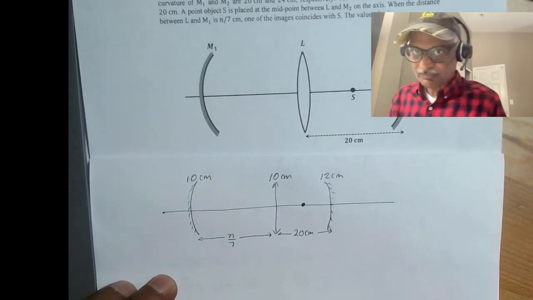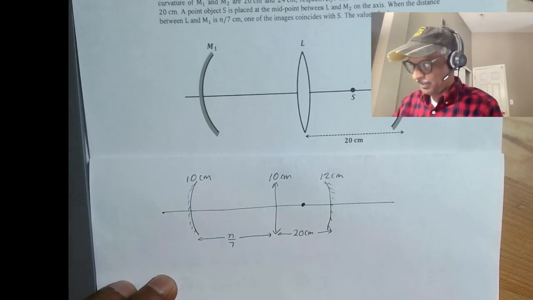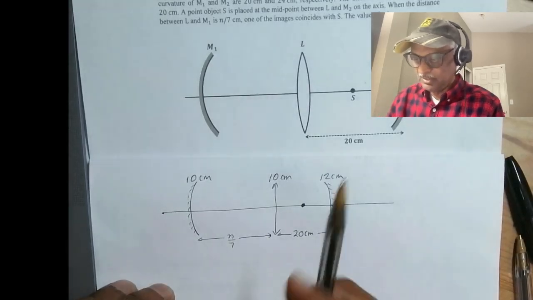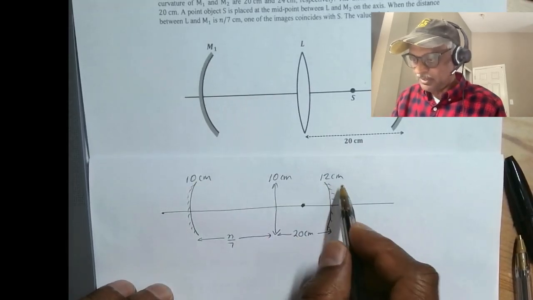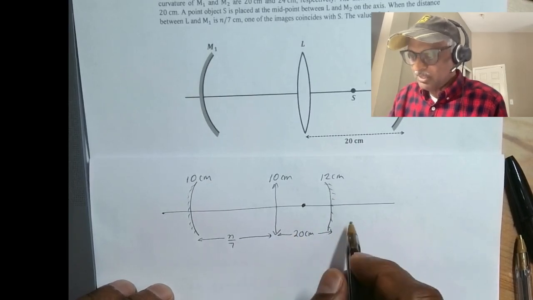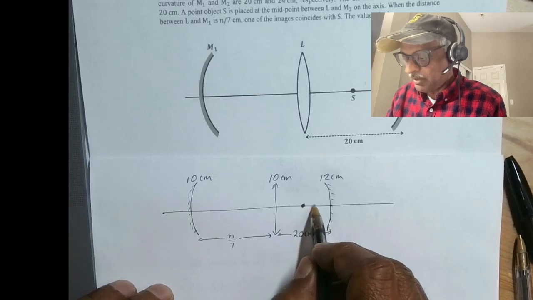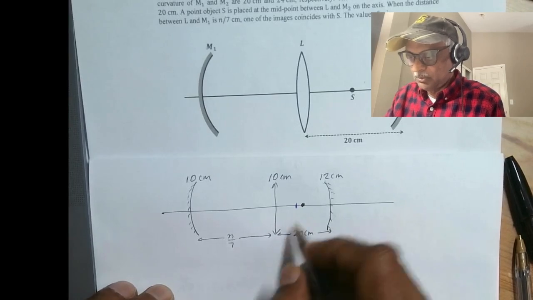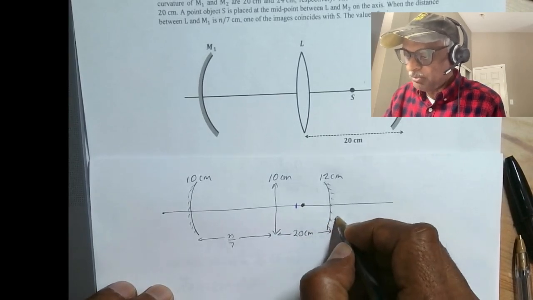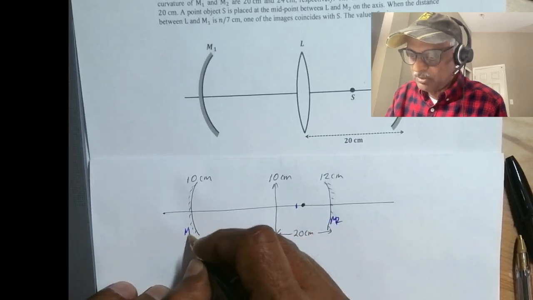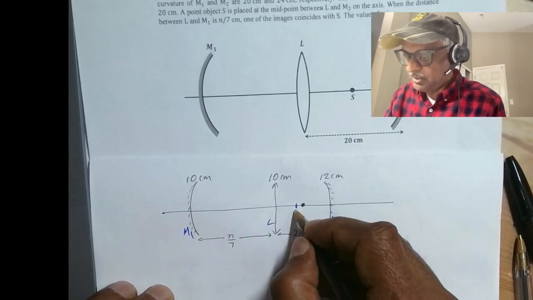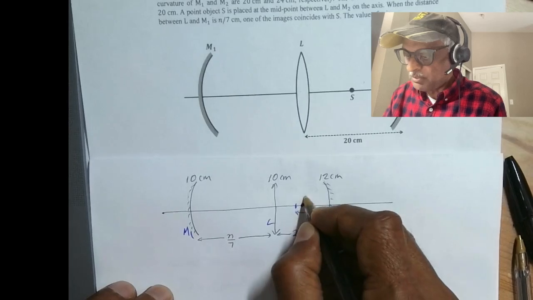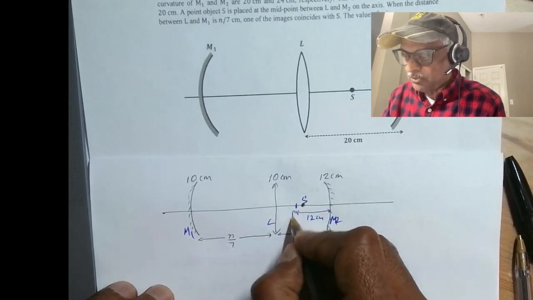I have redrawn the picture and labeled them with their focal lengths. You can start from anywhere. This is M2, this is M1, and this is L. This is the 12 centimeter, this is where the object is, and this is the focal length.